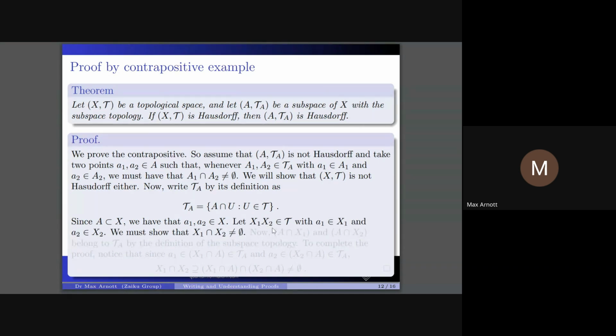Let X1 and X2 be elements of the topology T of X, with a1 belonging to X1 and a2 belonging to X2.